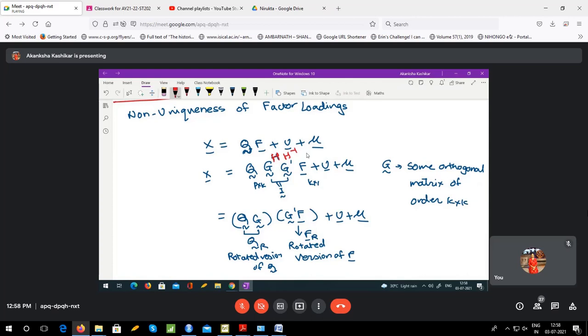I can't have prime if it is not orthogonal. So instead of this GG prime, can I insert some non-singular matrix H of order K cross K and take its inverse H inverse, so that the right hand side of my equation is still okay because HH inverse is I. And then can I make my rotated version of Q as QH and rotated version of factors as H inverse F? Is it possible, or does it have to be an orthogonal matrix? This is my question.